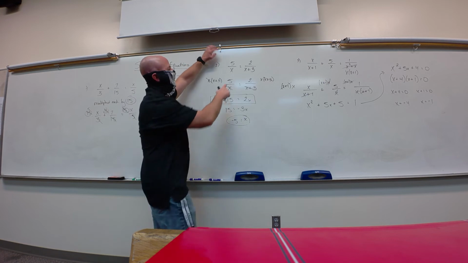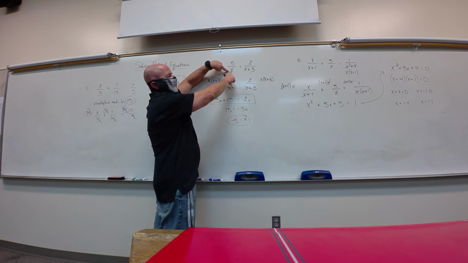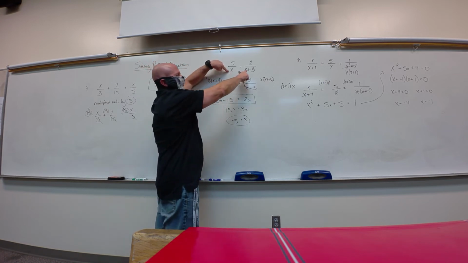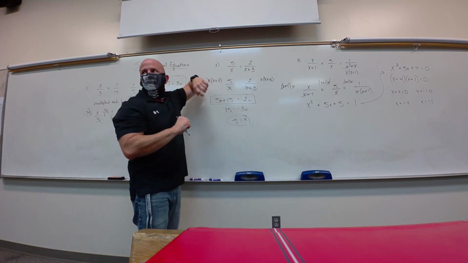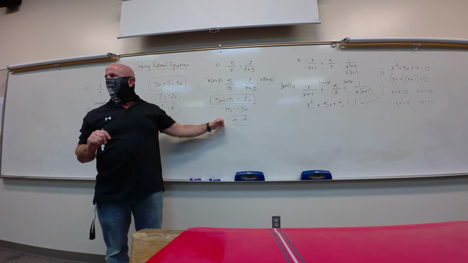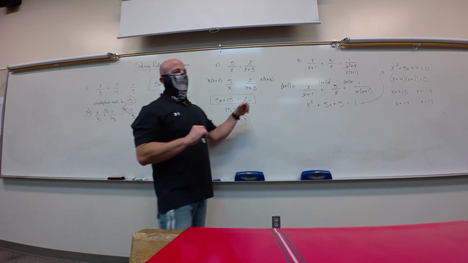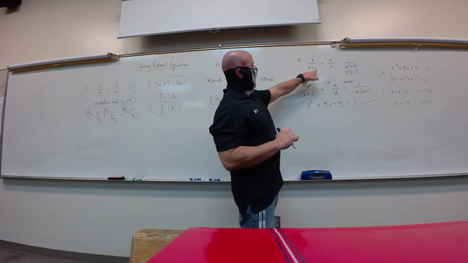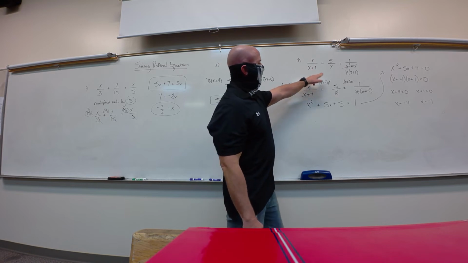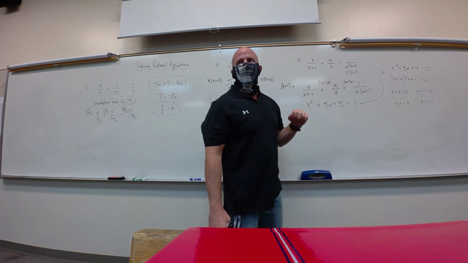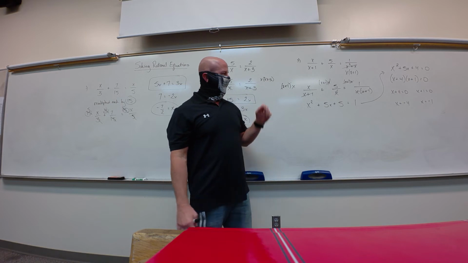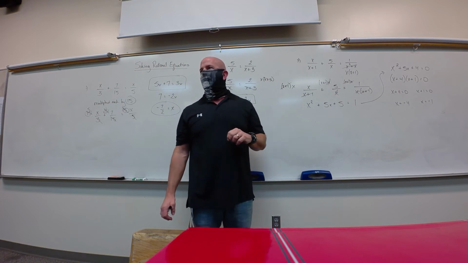So if I look back at this, the domain of this one is x can't be 0, x can't be negative 3. Well, I got a negative 5. I'm good to go. Nothing wrong with that. Over here, domain restrictions are x can't be negative 1, x can't be 0. I have a problem. One of the answers I got was a negative 1.